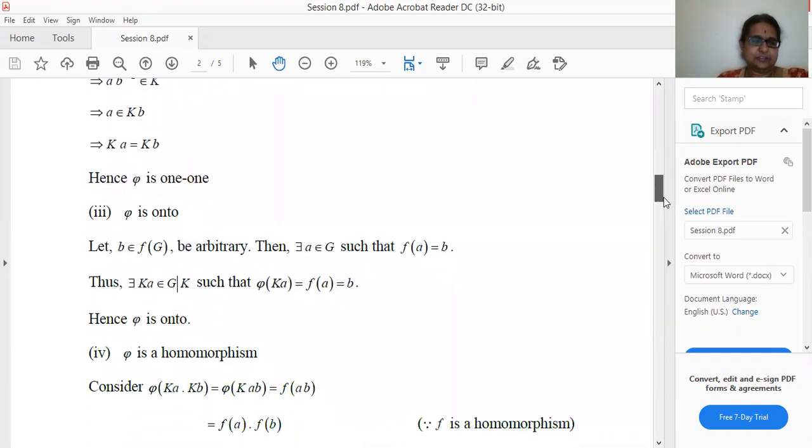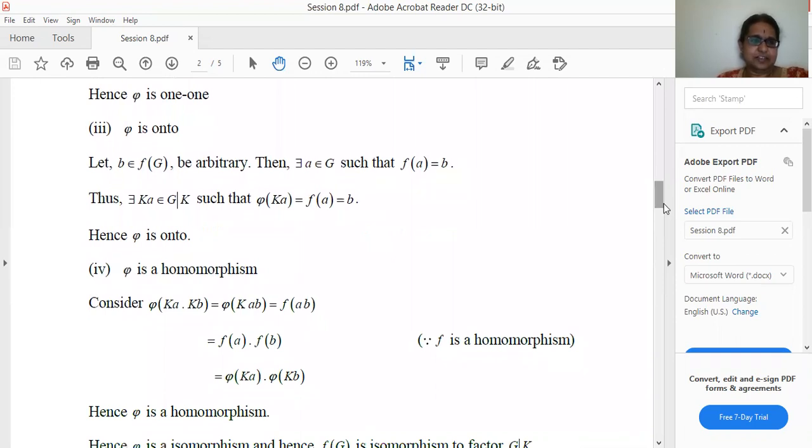Now we have to show phi is onto. Let B belong to F of G, the image subgroup, be arbitrary. Then there exists A which belongs to group G such that F of A is equal to B. Thus, there exists Ka which belongs to G by K such that phi of Ka is equal to F of A, which is equal to B. So here, if the image exists, then its pre-image exists.